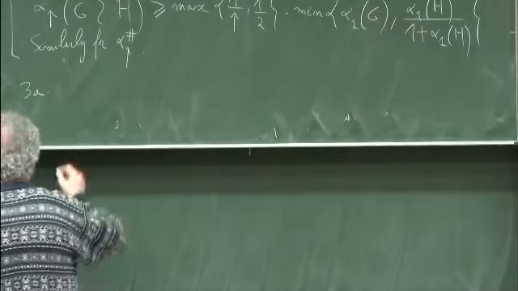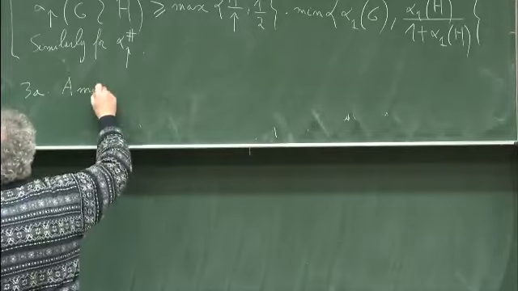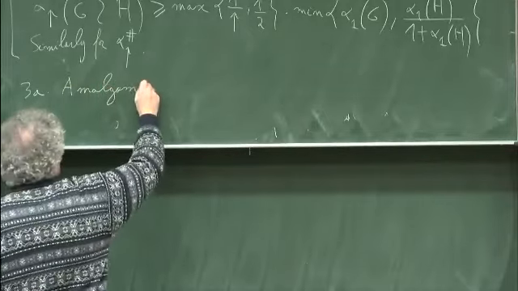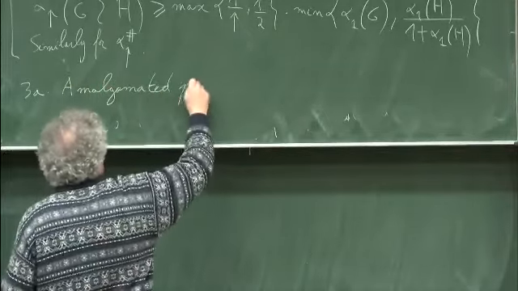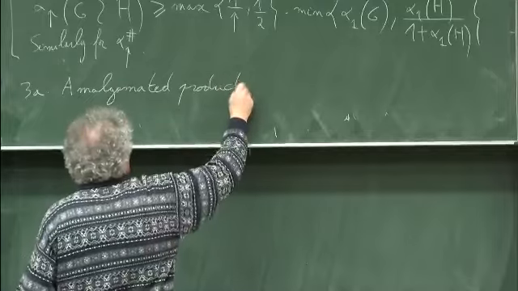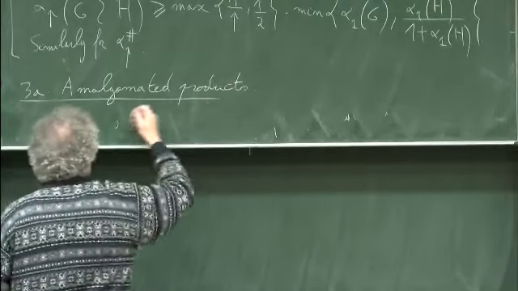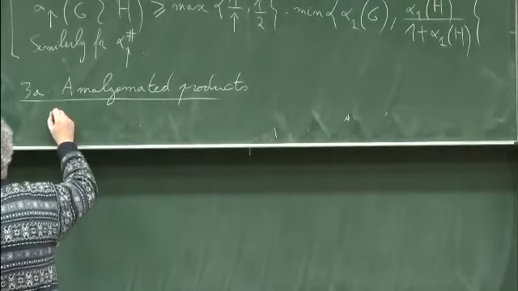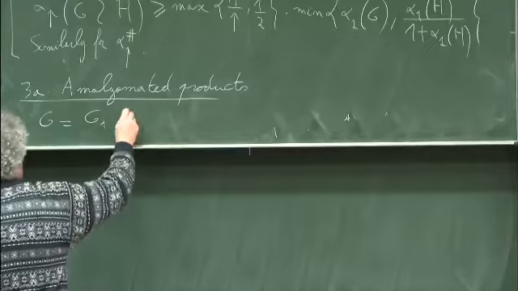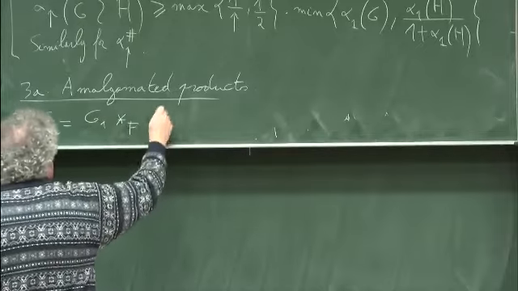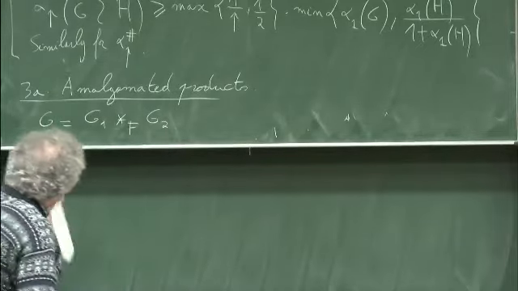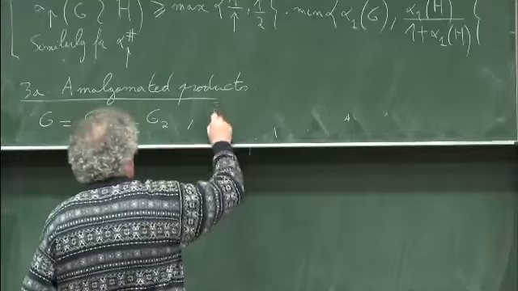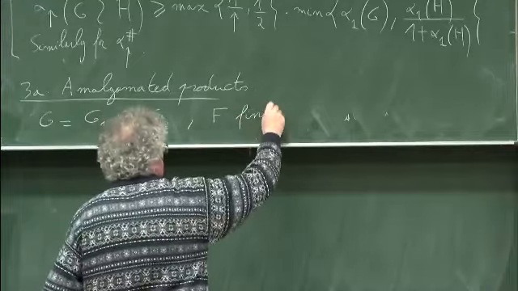So let me mention amalgamated products. We consider the amalgamated product of two finitely generated groups over F, which is a finite subgroup.